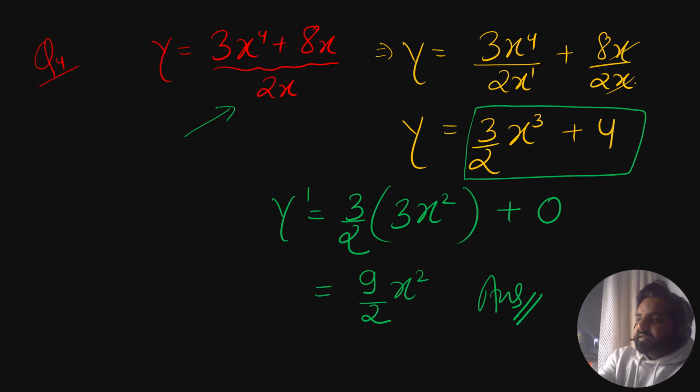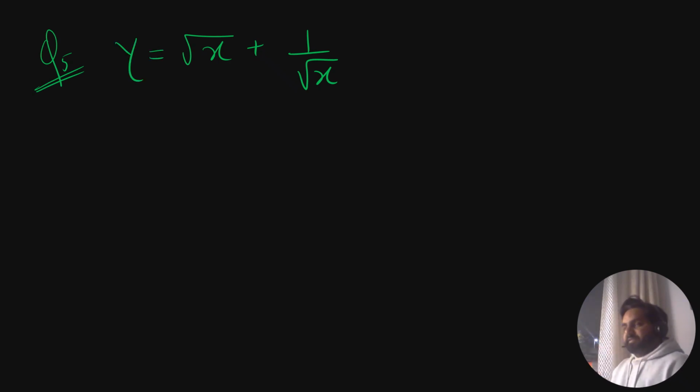Now let's take another question. What would you do if you get a question like this? Differentiate this function. Now everything is in surd form, so we will try to convert them first.